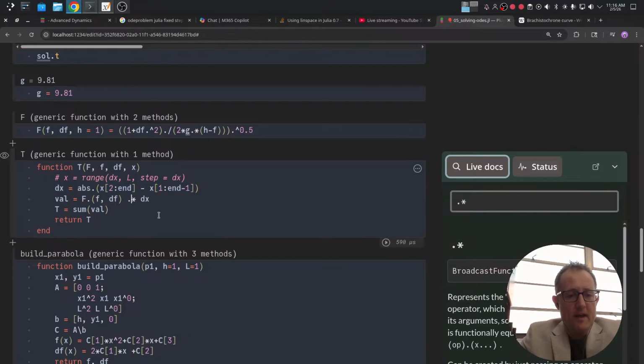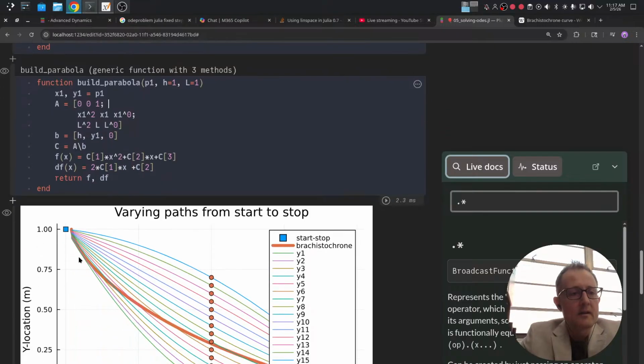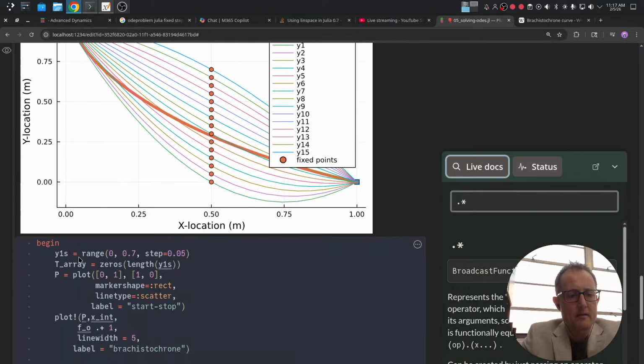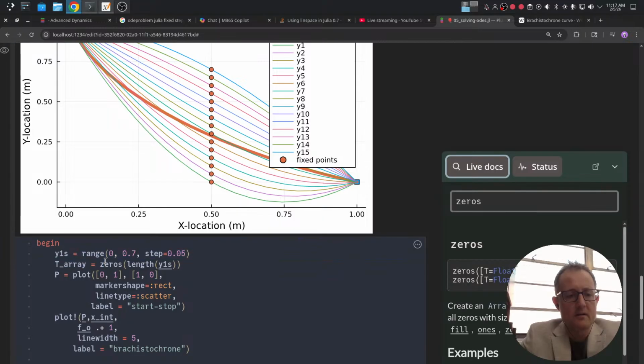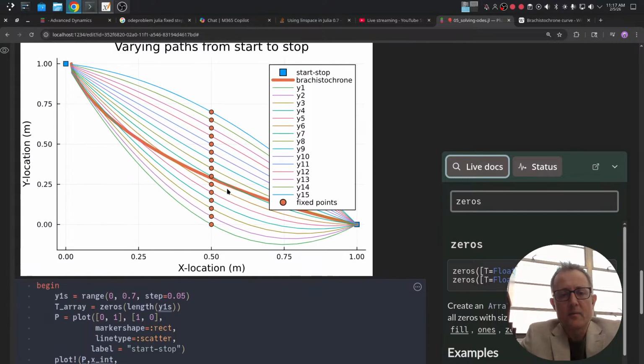And we can compare that to all of these parabolas that I created. Coming down here, I built all those different parabolas in the same way, versus this brachistochrone ideal solution in bold orange. We can see that roughly this one was the fastest, and it's pretty close to what this curve is too.